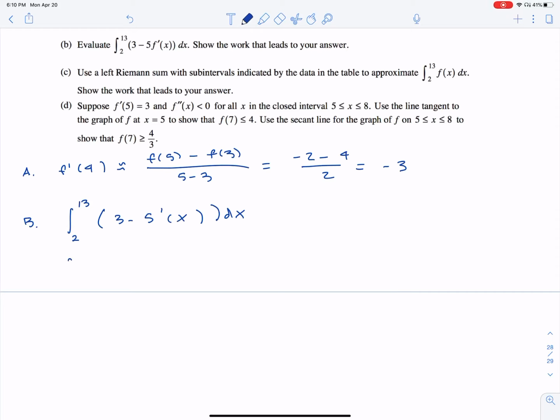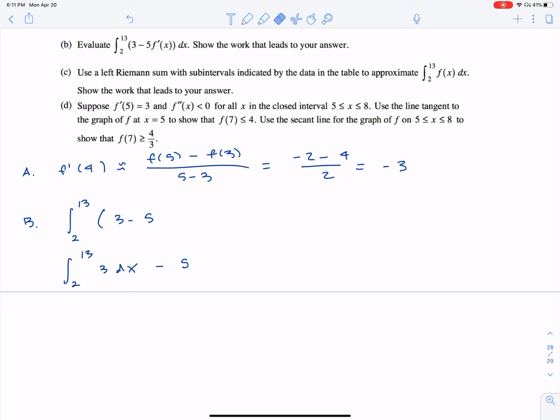So the first piece is just going to be this, right? I know I can integrate 3. I know what that is. The second piece is going to be -5, which is a scalar. Whoops, I did drop something there. Let's fix that up a little bit before we continue.